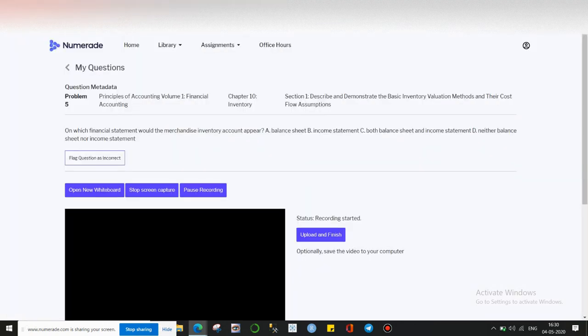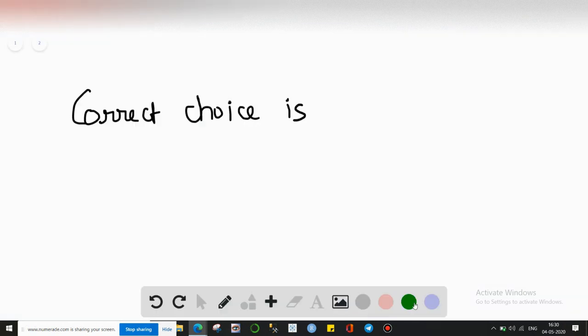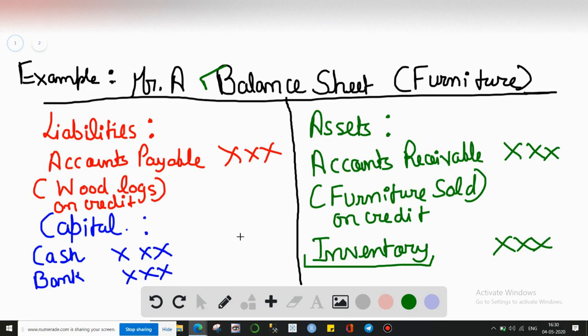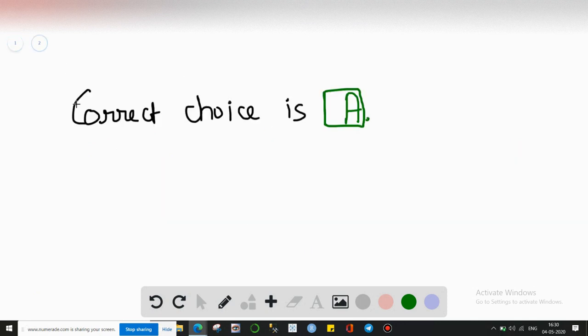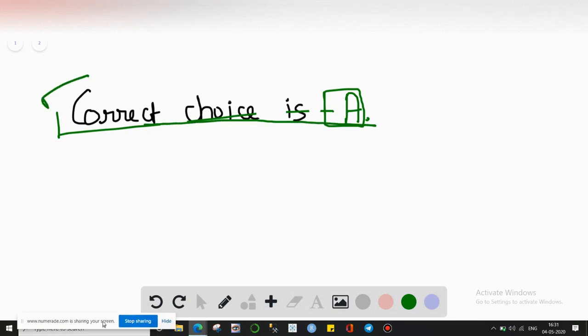So the correct choice is A. You can write down this example so that you can get a clear idea of how we arrived at this solution, that is choice A. Okay, that's all for our solution. Thank you.